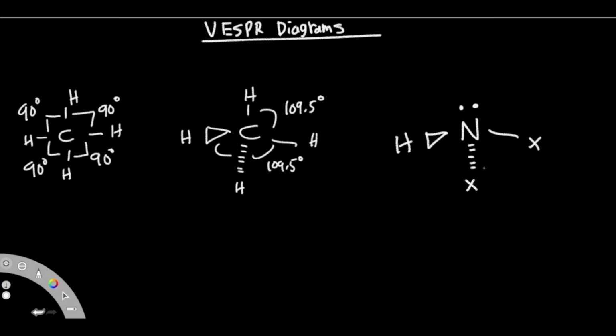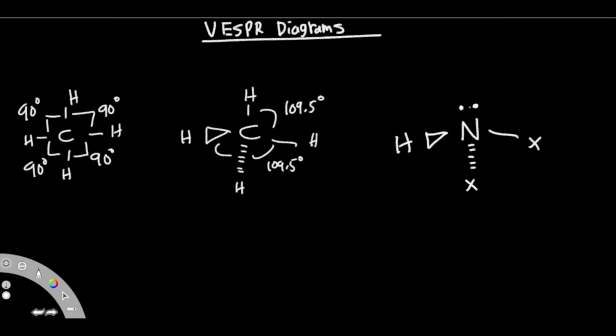Ammonia also has these 4 different areas. This one, this one, this one, this one, just like CH4. 1, 2, 3, 4. The big difference, though, is obviously this unbonded electron lone pair. And because this repels more than bonding electrons, so these are the bonding electrons, right?